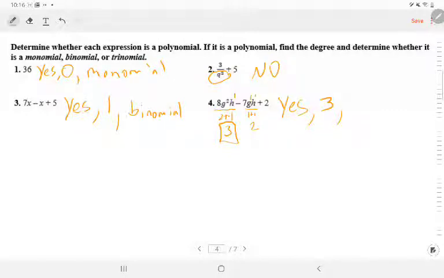And this would be a trinomial. Okay, so remember, you take your monomial which has the largest sum of exponents, and that would be your degree. In this case, 2 plus 1 would be 3. Okay? All right.